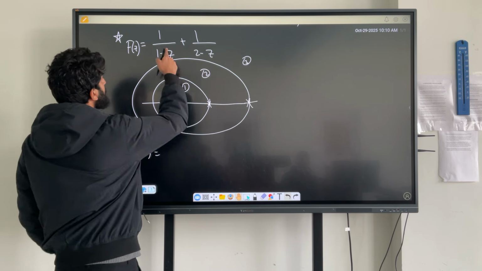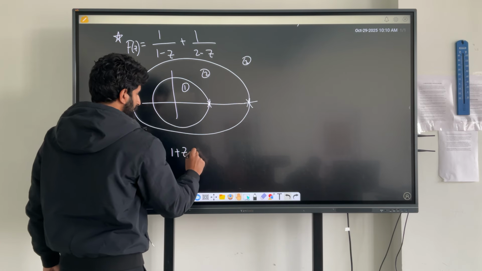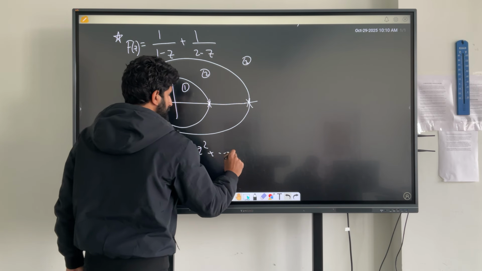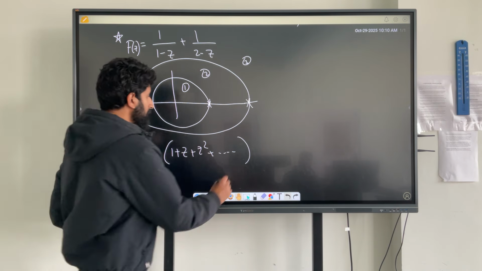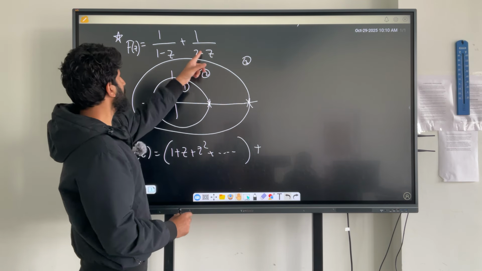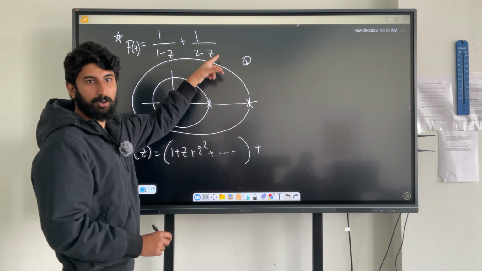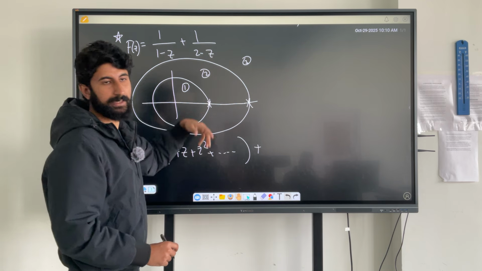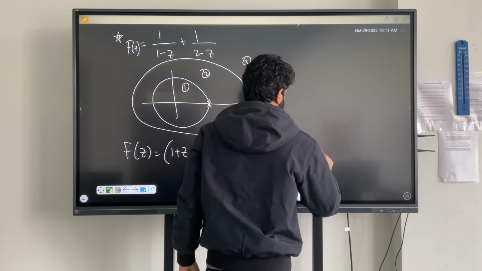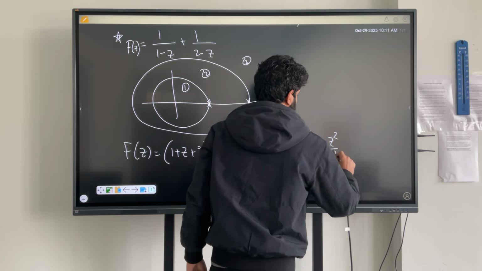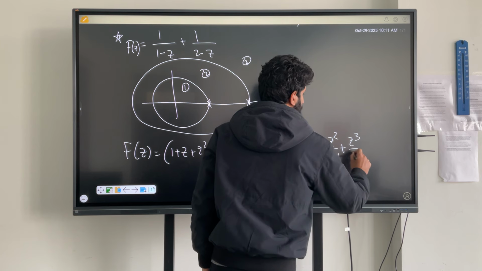I can expand this guy: 1 plus z square plus so on. You saw the series. Plus, I take 2 common, I will get z by 2, and mod z by 2 is less than 1, right? So 1 divided by 2, 1 plus z by 2 plus z square by 4 plus z cube by 8 plus so on.